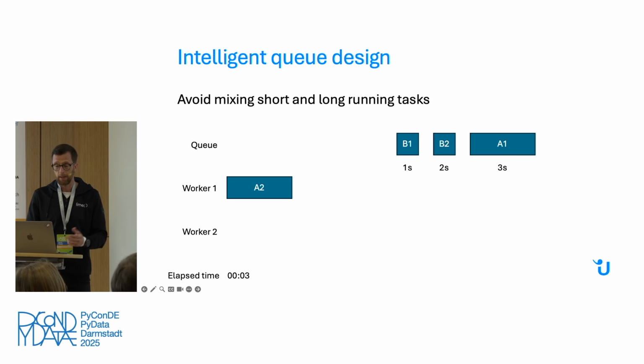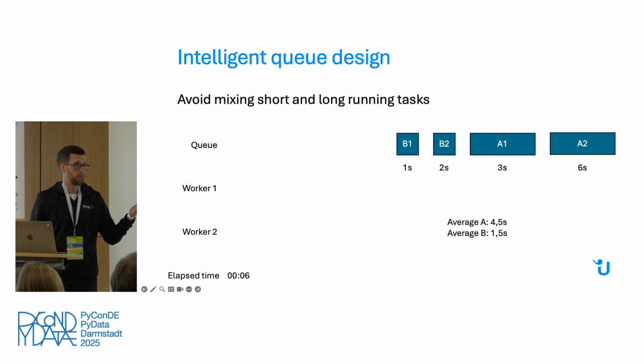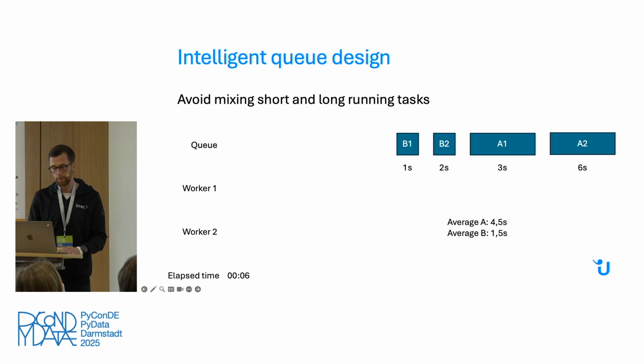Now the last A task is finished after 6 seconds, so the total execution time is longer, but the latency for tasks of type B is much lower, and you pay the price of uneven, or not optimal, resource usage. That's something you have to balance.